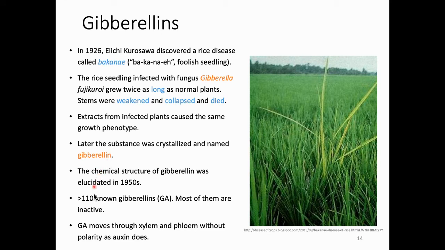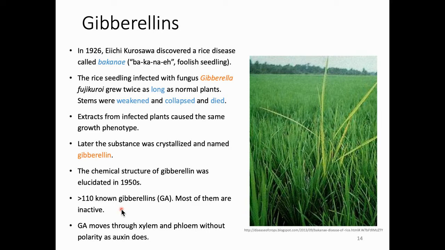The chemical structure was elucidated, and like auxin, gibberellin is just a common name, or the name that many chemicals can be named gibberellin based on their similar structure and activity.